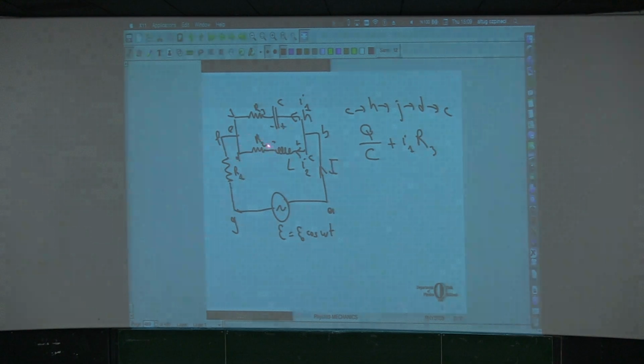Then we go across this resistor, but the current is passing in the opposite direction, so the amount of energy it loses will be minus I2 R2. And across the inductor, the amount of energy it will lose will be minus, because it's going from minus to plus, minus L di2 by dt, equal to 0.